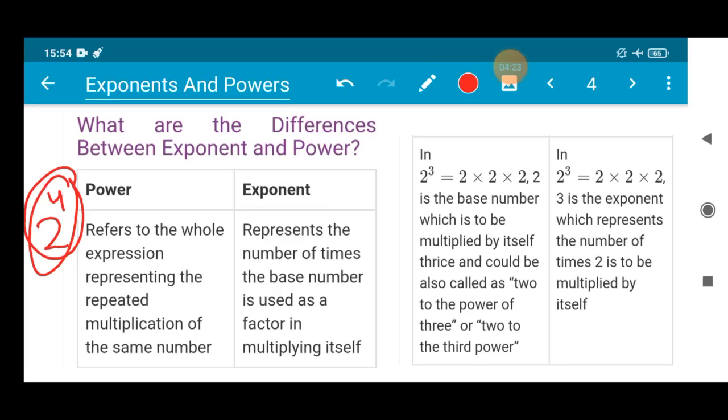Now what is an exponent then? The exponent represents the number of times the base is used as a factor in multiplying itself. So if 2 to the power 4 is a power, the whole expression is a power, then only 4 is the exponent. That means the exponent represents how many times the base number will be multiplied with itself to get a product.